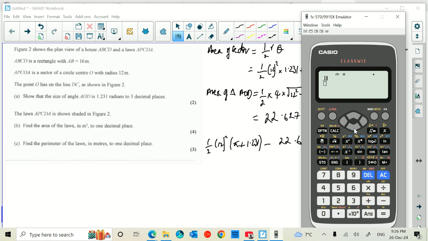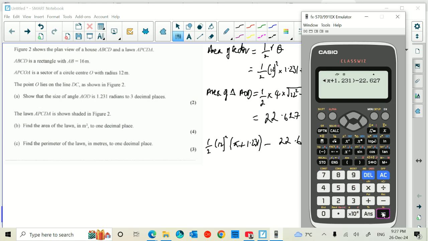A half multiplied by 12 squared, and theta, which is shift pi plus 1.231, and then of course I've got to take away the 22.627.